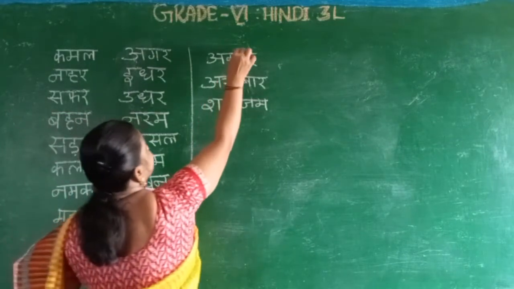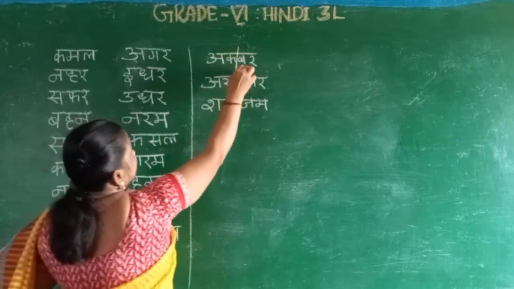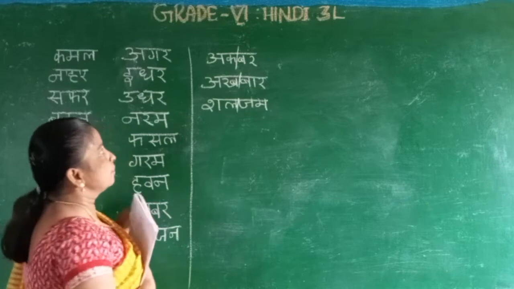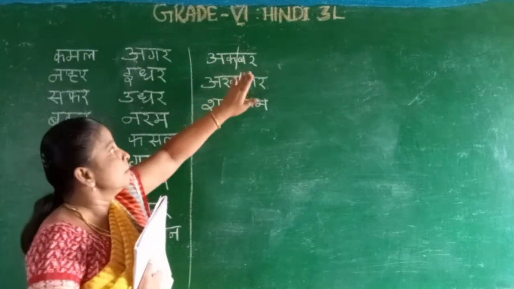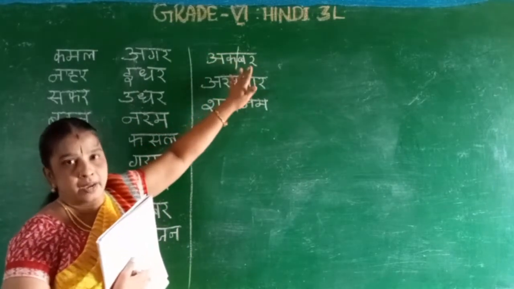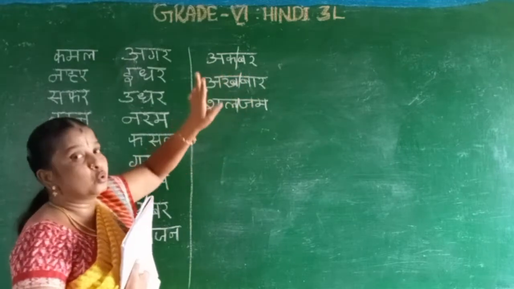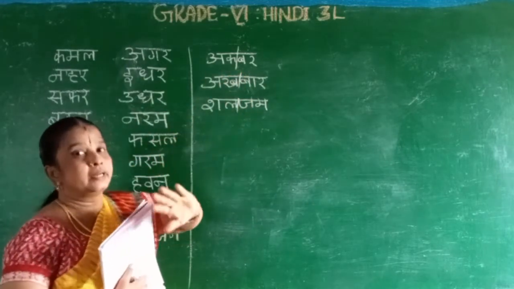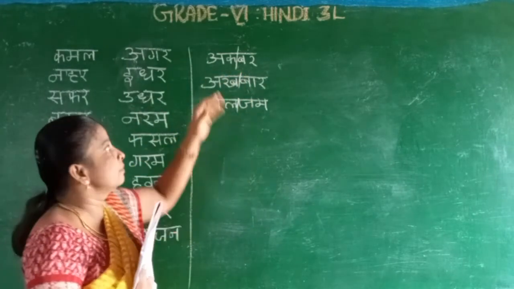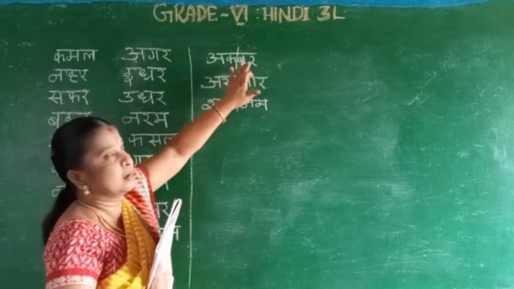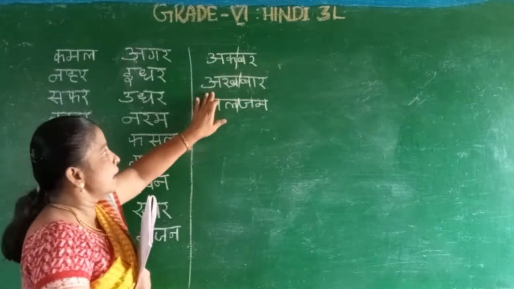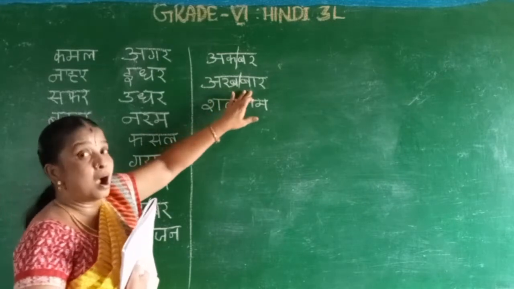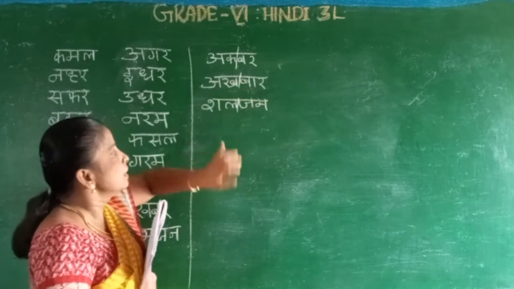First you split the word like this. Is it very easy? Ka, ak, bar, akbar, like that. In two letters you split and read that, and then you pronounce the word. Ka, akbar, akbar.